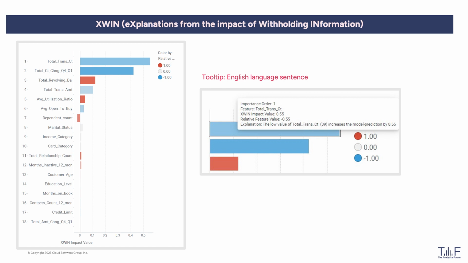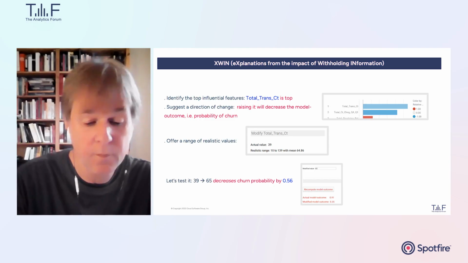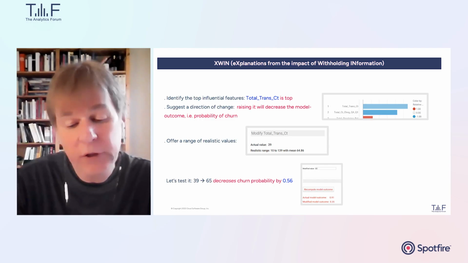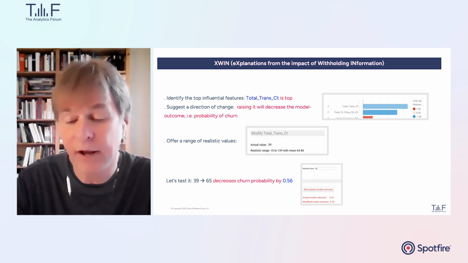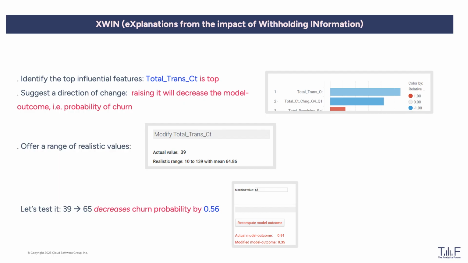Once you have this functionality for identifying the most influential input features for a specific model prediction, you can do more. You can explore ways to take preemptive action. For example, in order to see what room there is to improve undesirable model outcomes, you can examine the effect of modifying the values of the most influential features. Again, we look at the bank customer with a 0.9 churn probability.